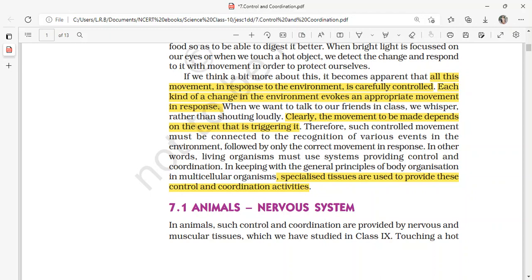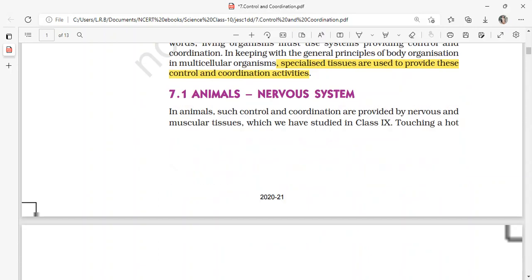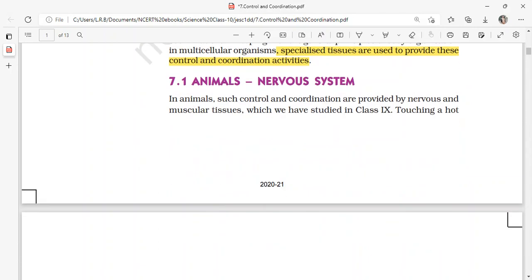And if we consider the tissues in the alimentary canal, they are made for digestion and absorption of the food or secretion of the digestive enzymes that are required. In the same way, for the activities like control and coordination in multicellular organisms, another specialized tissue is used. So let us see what type of specialized tissues are used.